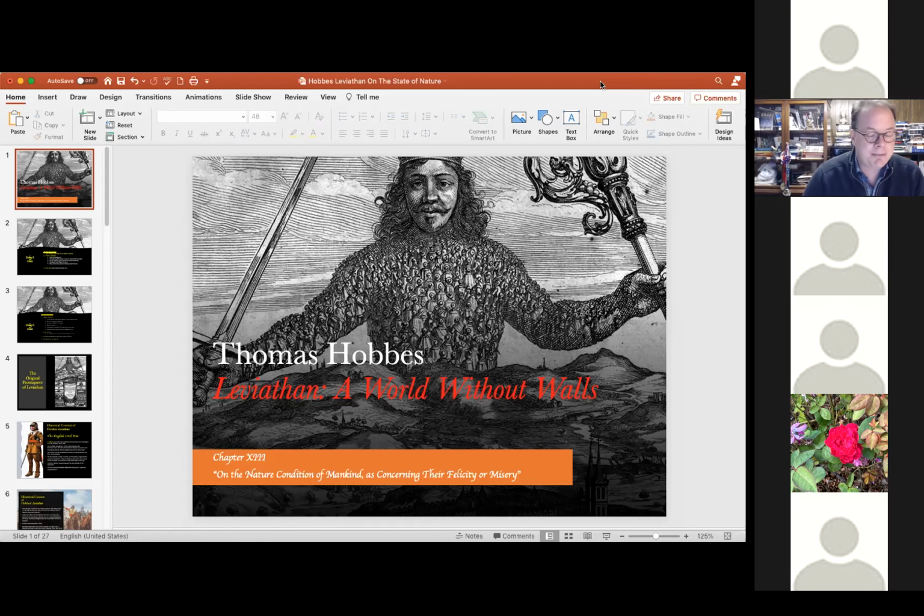So one of the first things he does in his explanation of what the natural condition is, he actually says all human beings are effectively equal. We see equality as an unmitigated good, especially in its legal and political manifestation, in recognizing human equality, right?